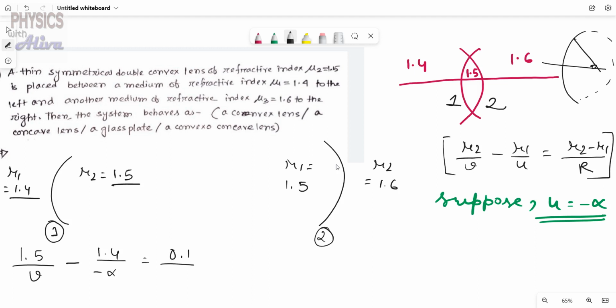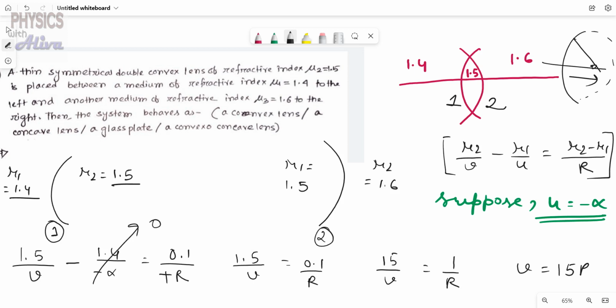From the sign convention, if we are going towards the incident ray, then the sign will be positive. So this is a positive radius of curvature. Since mu1 by u tends to 0, we get 1.5 by v is equal to 0.1 by r. From here we get 15 by v is equal to 1 by r, so v is equal to 15r.